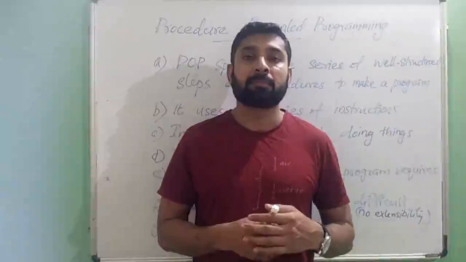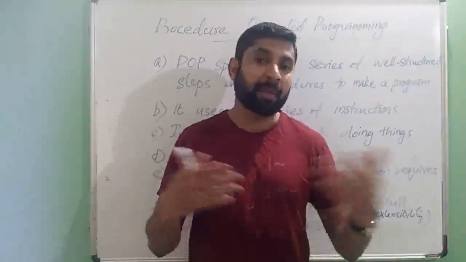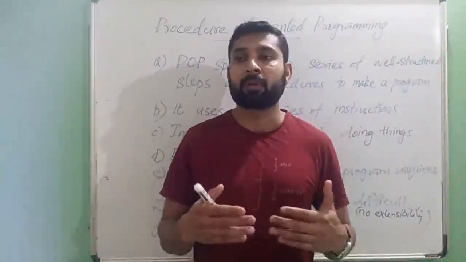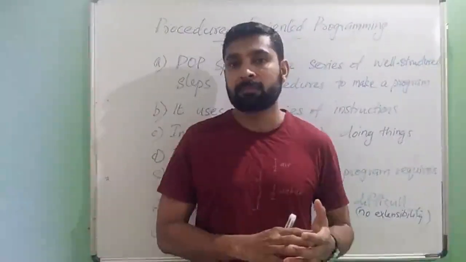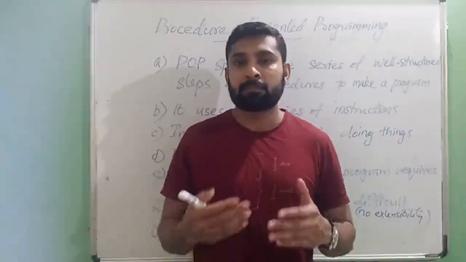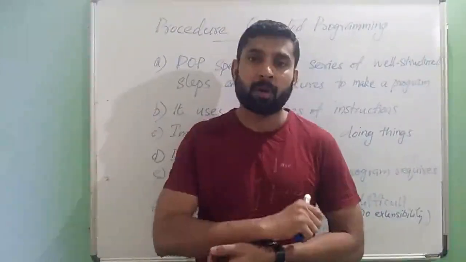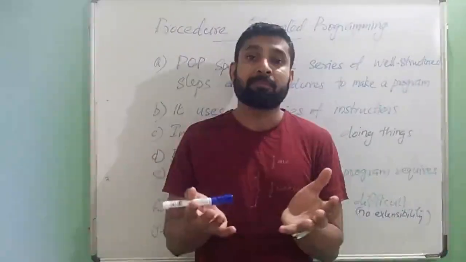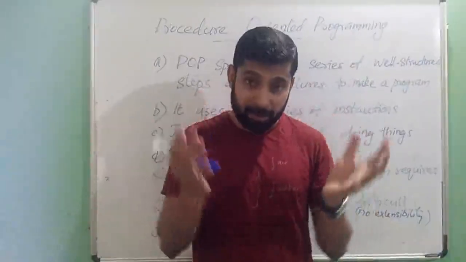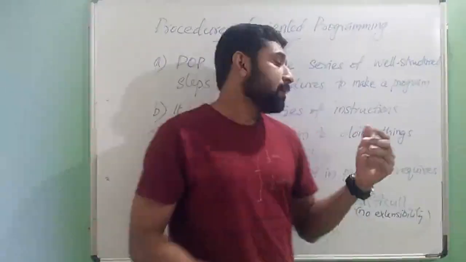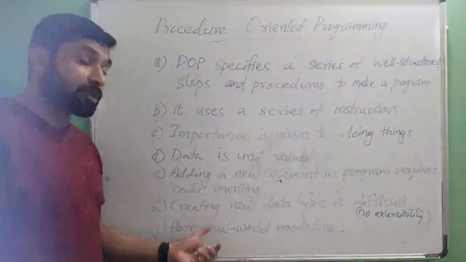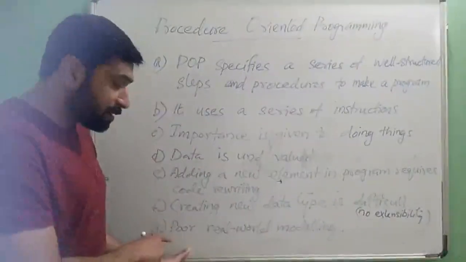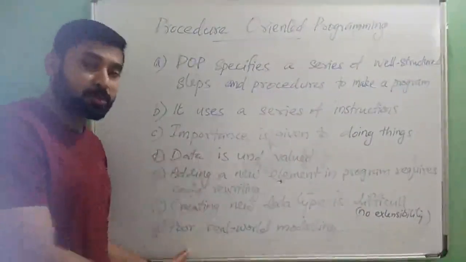And it has functions, or behavior, like acceleration, braking power, speed, all these things. So in object-oriented programming, these two things are bound together, so that real-world modeling is possible. Here it is very difficult, not possible.